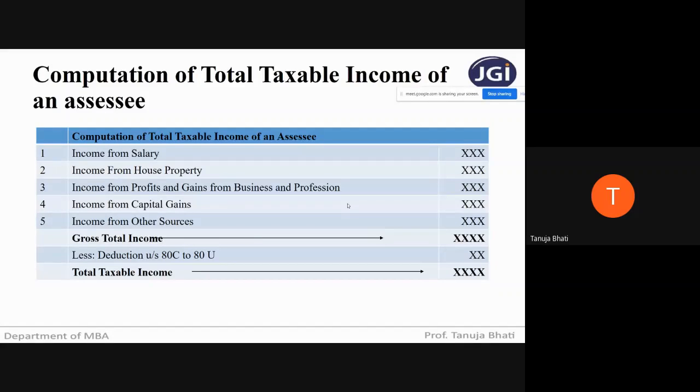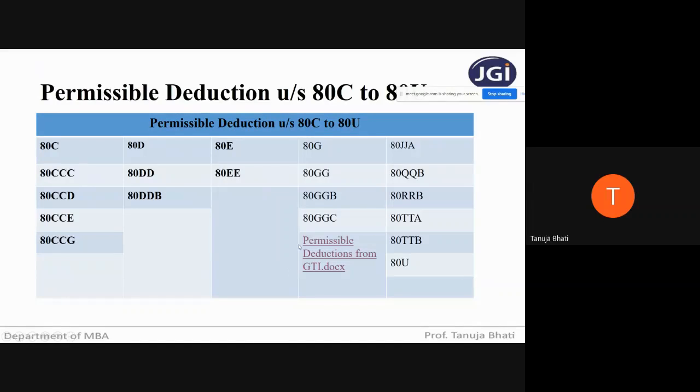From that gross total income, when you deduct the deductions which are permissible from section 80C to 80U, you get total taxable income, and on this total taxable income you are liable to calculate the tax. So tax is never calculated on the gross total income, it is always calculated on total taxable income.